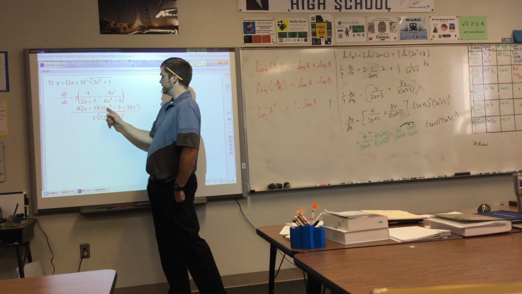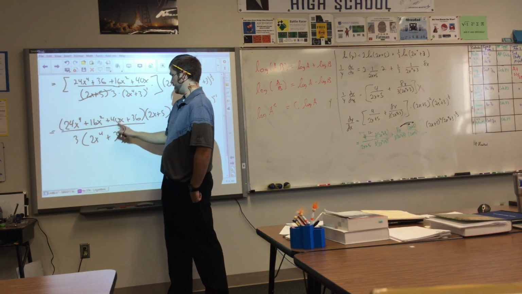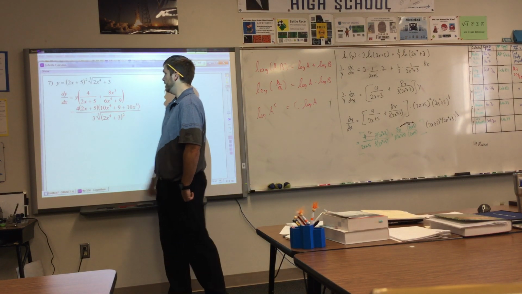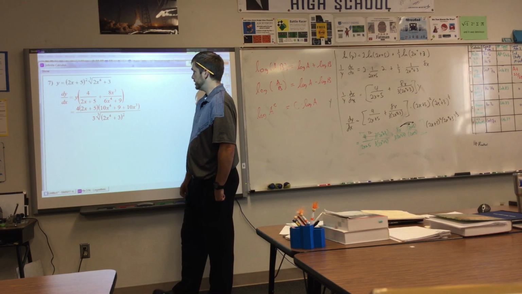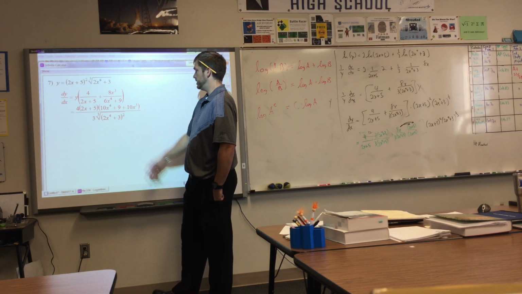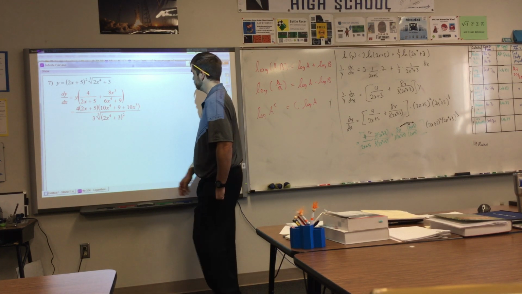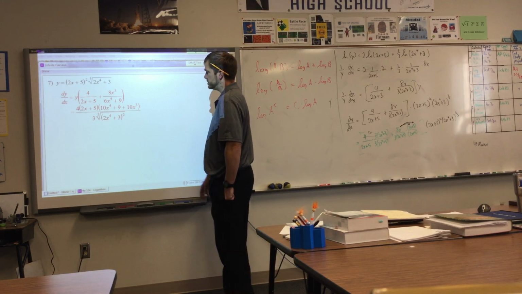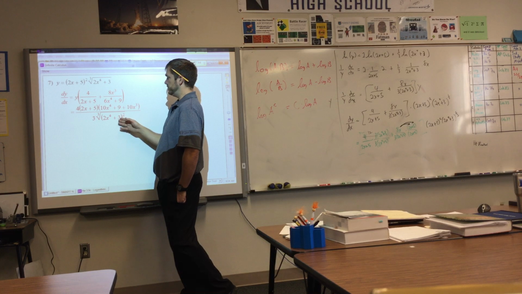Hold on. 4 times 10 is 40x. But they've got x to the 4th. Okay. I am not sure exactly what's going on with that final simplification answer. We did this and we just messed up. Yeah, it is possible that we made a mistake somewhere in there on the algebra. That is possible.